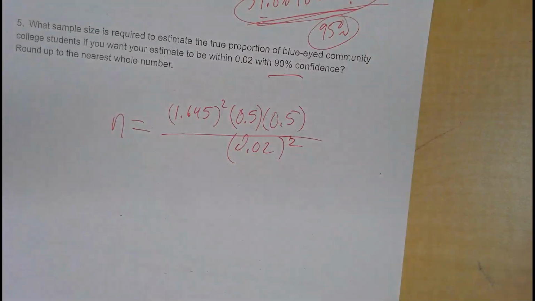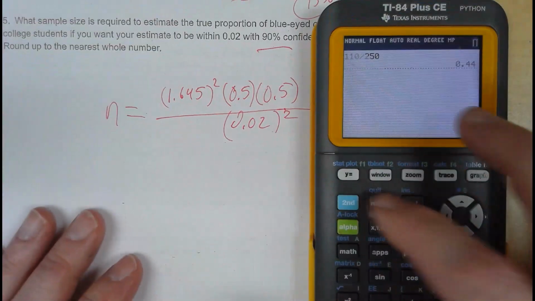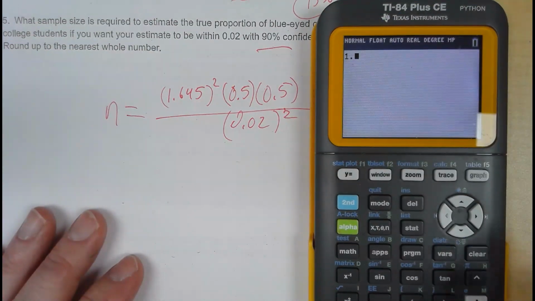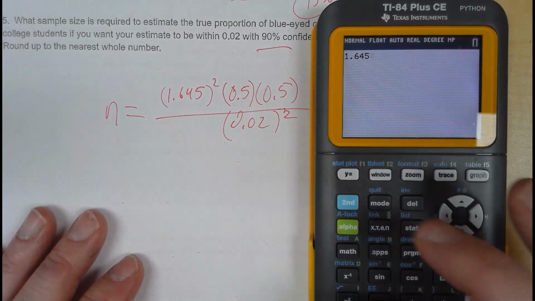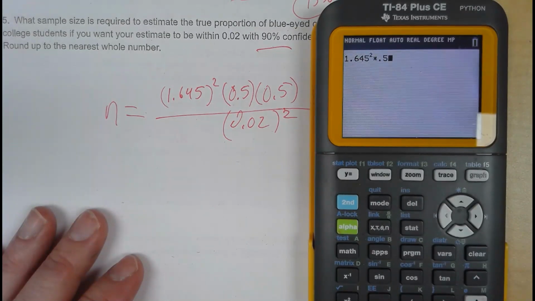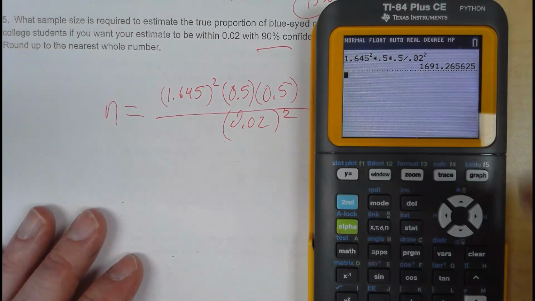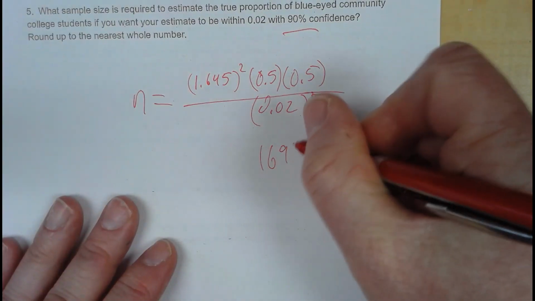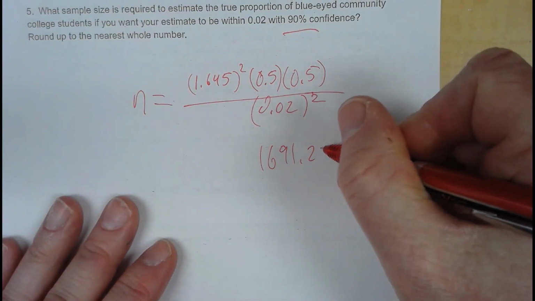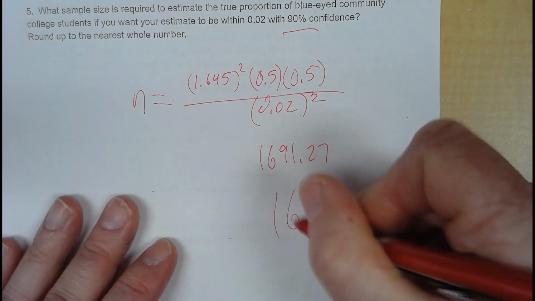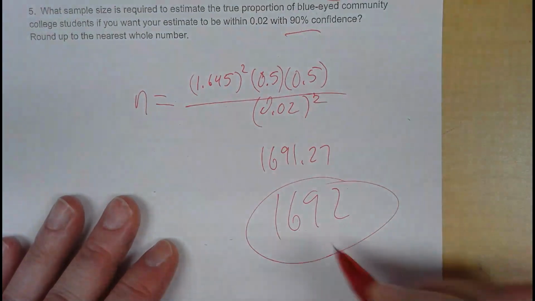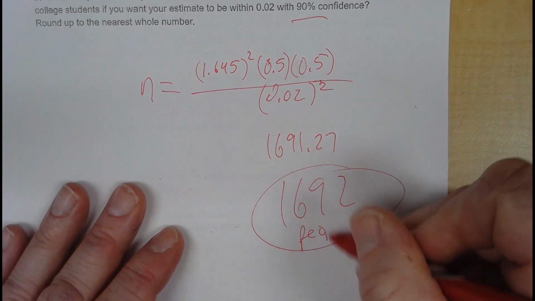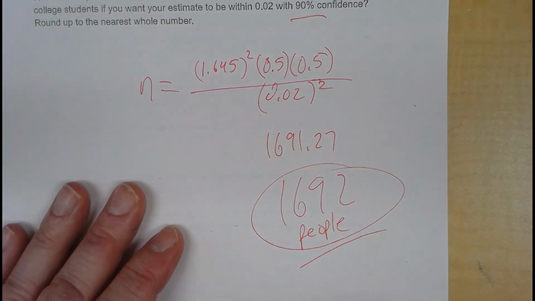So we type all this into the calculator. 1.645 squared times 0.5 times 0.5 divided by 0.02 squared is 1,691.27. So we really should talk to 1692 because you always want to round up. And that's the answer to that one.